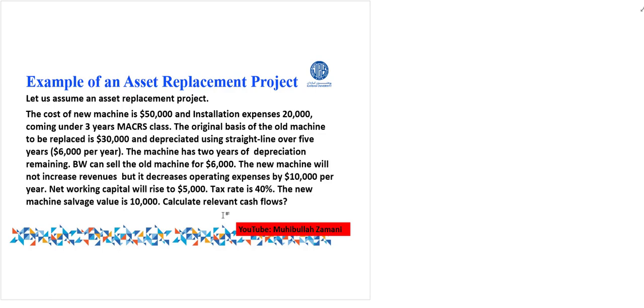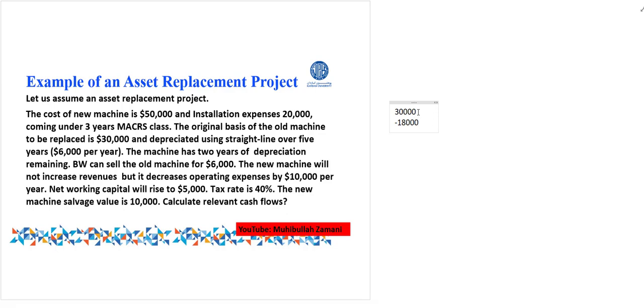One more point to remember in the case of the old machine. Once again, the old machine cost was 30,000, and 3 years of depreciation is charged. Suppose the cost was 30, but depreciation charged up to this point is for 3 years.